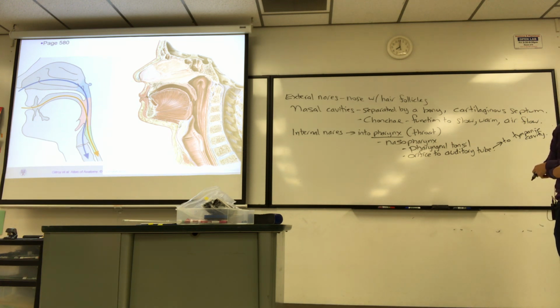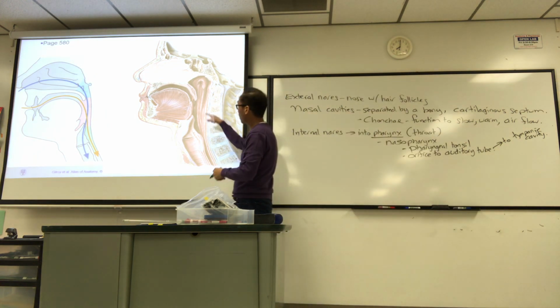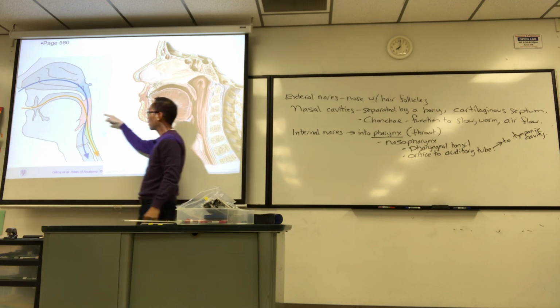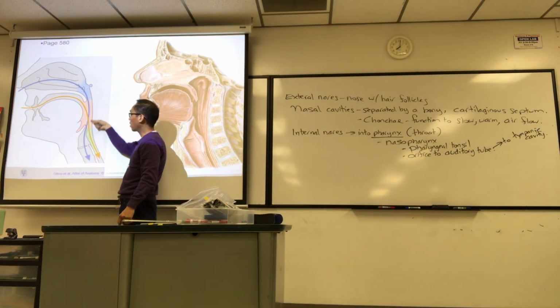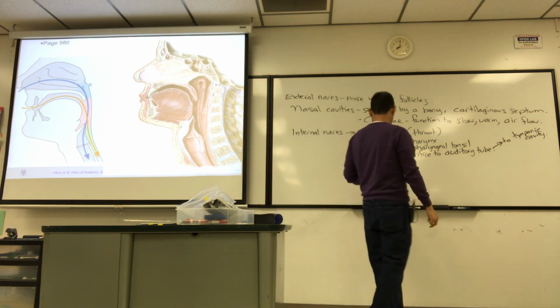Let's see. Then you have this right behind the oral cavity is the oral pharynx. This part colored, this orangish color. Let me continue up here.